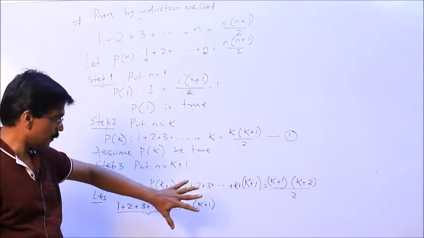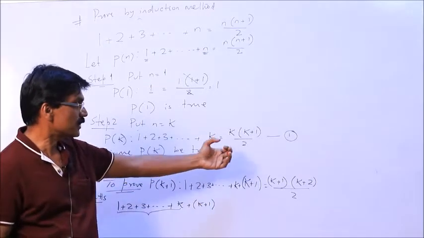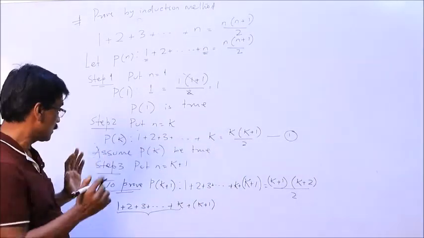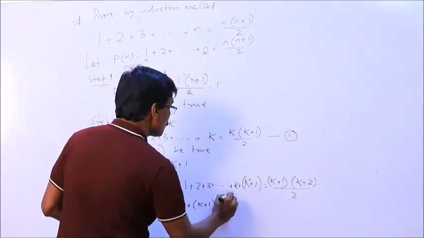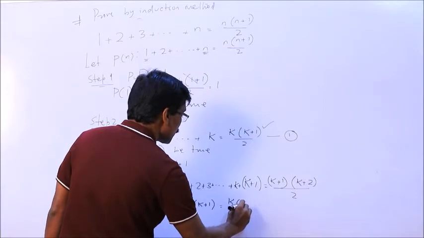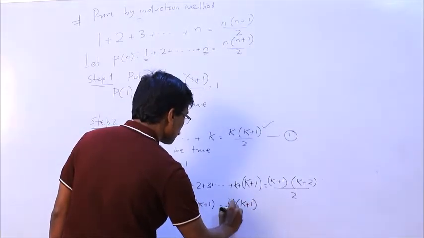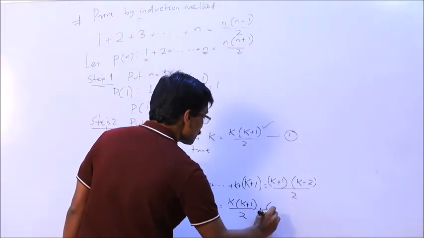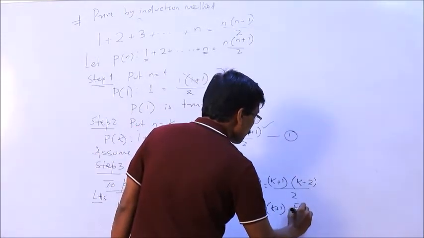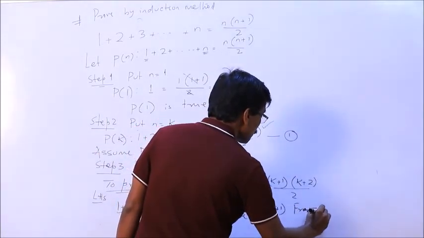So, for k plus 1 we use the result in the equation P(k). So, here we put this result, that is k into k plus 1 by 2 plus k plus 1. This is from equation 1.